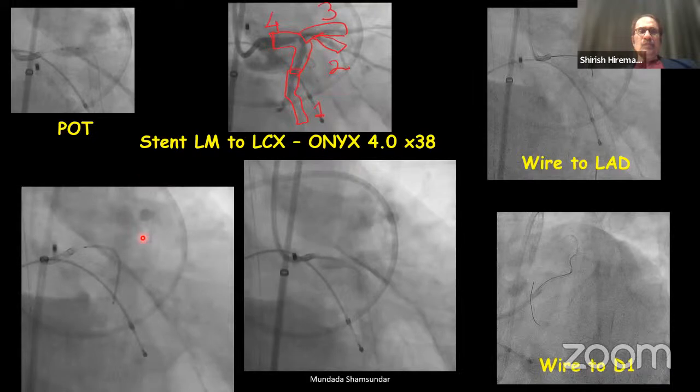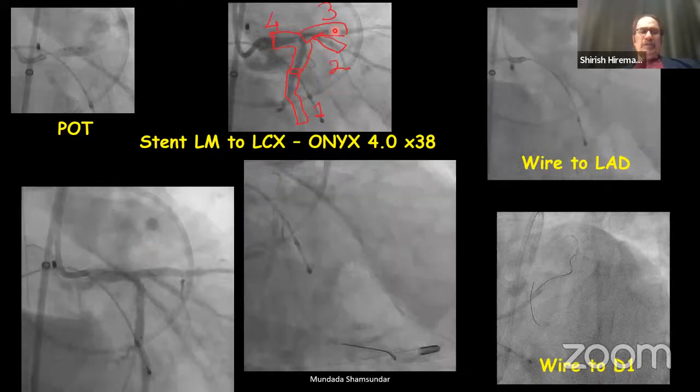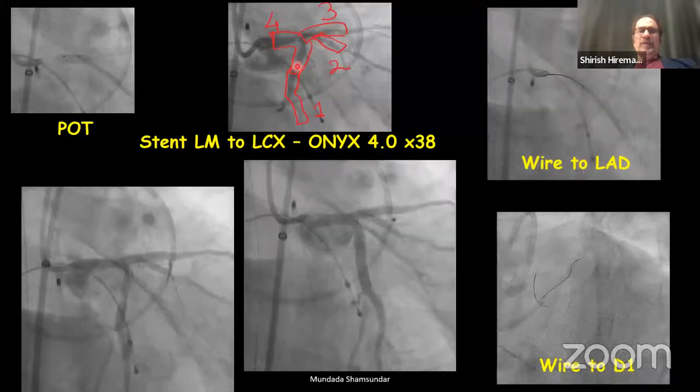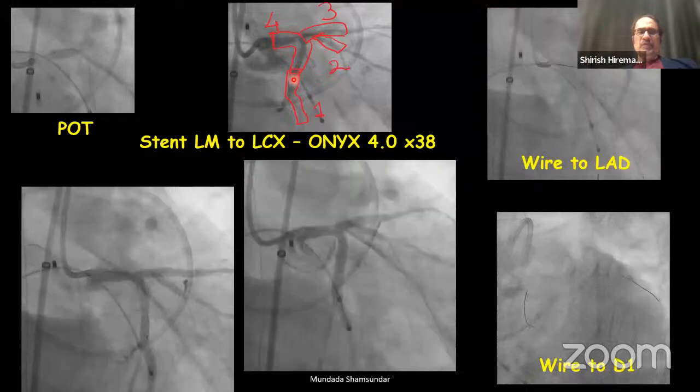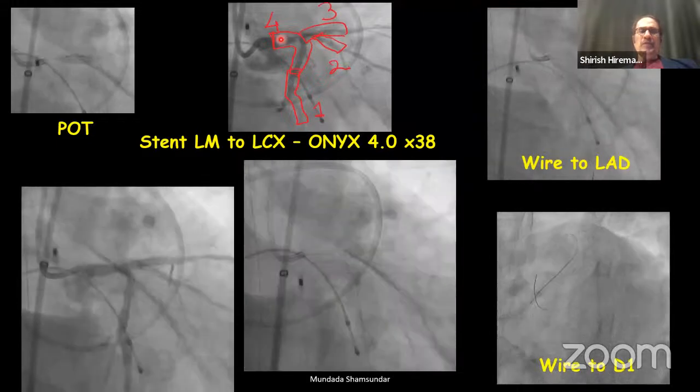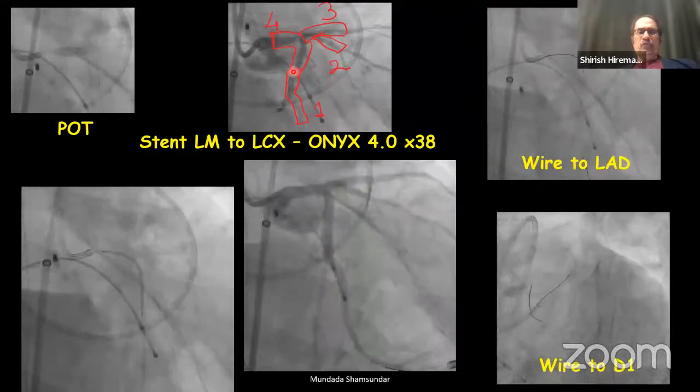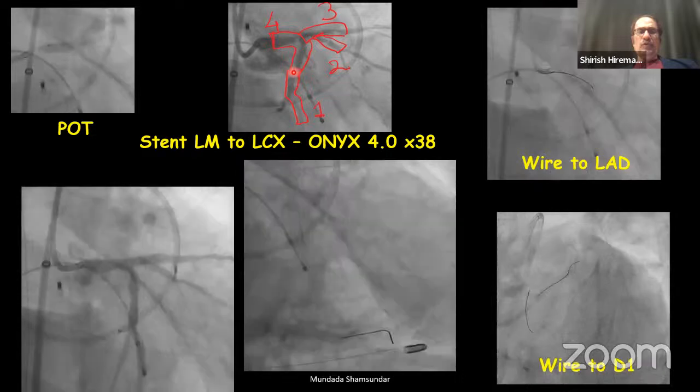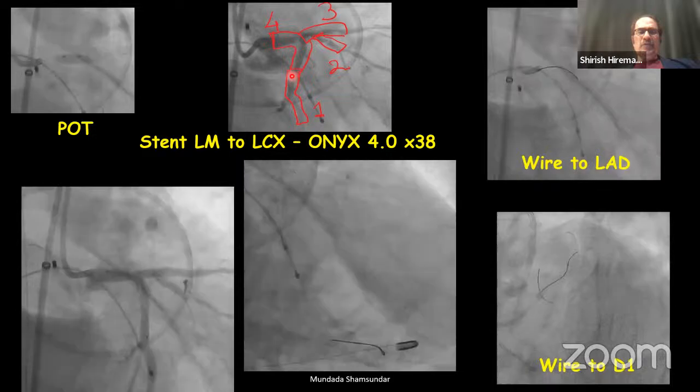Second was a diagonal mini crush with a stent in the LAD, mini crush with a stent from left main to circumflex. Now, this is what I was telling you. The advantage of putting a 3.5 stent first was we could get this 4.0 stent into that stent, and thus any possibility of dissection at this stent in such a complex case was avoided.